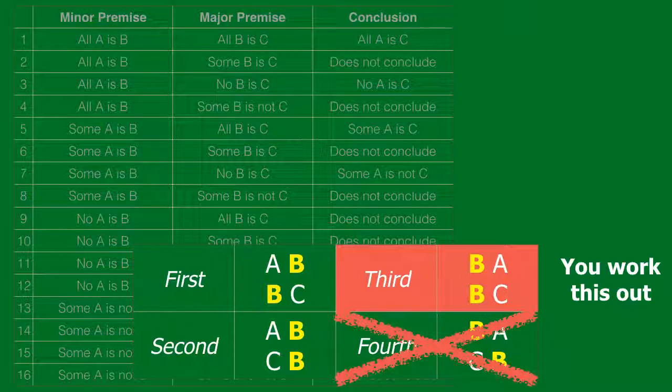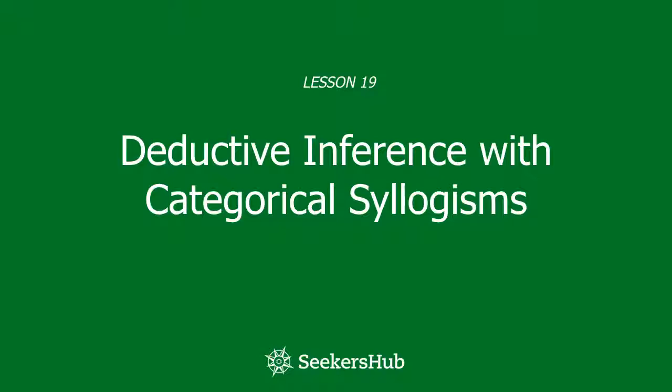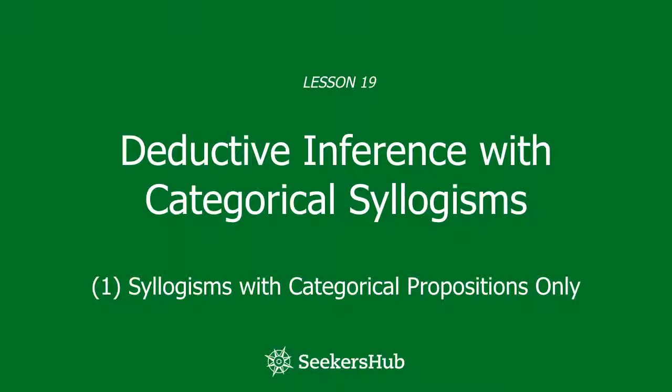The fourth figure was in fact excluded as one of the figures by a number of early logicians such as Ghazali and Al-Farabi and others, because it's so unnatural, and the later logicians only included it for the sake of completeness. So what we just saw was the process of deductive inference with categorical syllogisms when they are composed of categorical propositions.